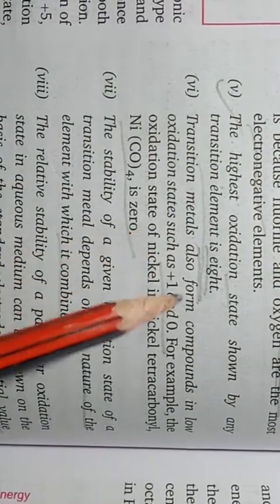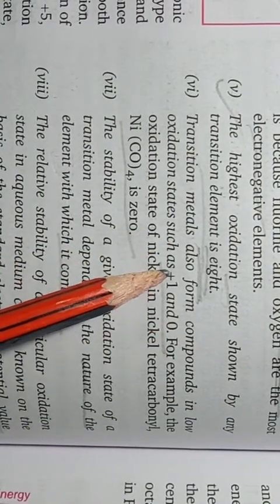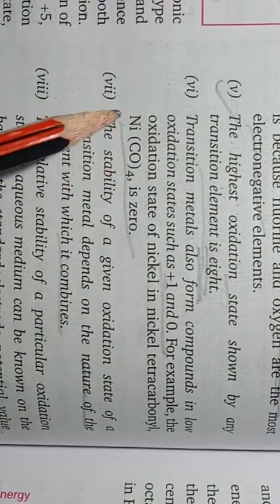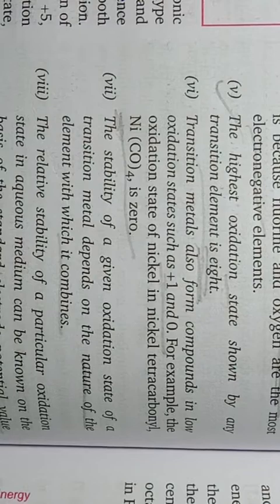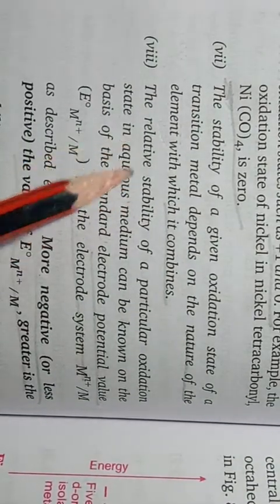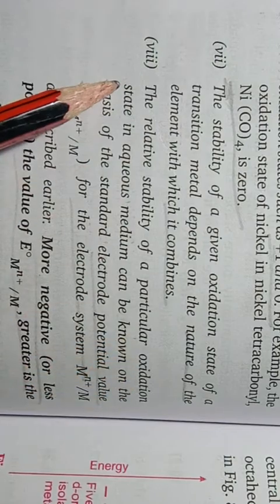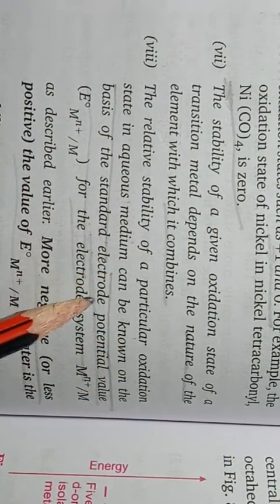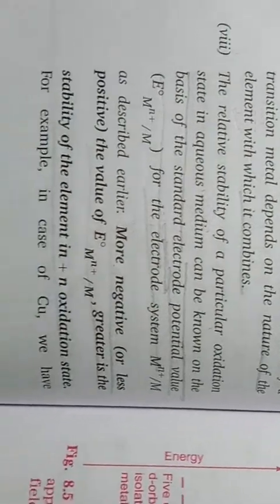Transition metals can show lower oxidation states also, like +1 and 0. As you can see here in nickel tetracarbonyl, nickel is in the 0 oxidation state. The relative stability of a particular oxidation state in aqueous medium can be known on the basis of standard electrode potential.